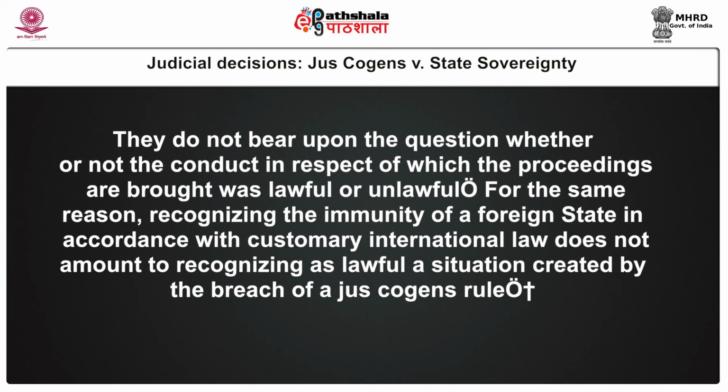For the same reason, recognizing the immunity of a foreign state in accordance with customary international law does not amount to recognizing as lawful a situation created by the breach of a jus cogens rule.